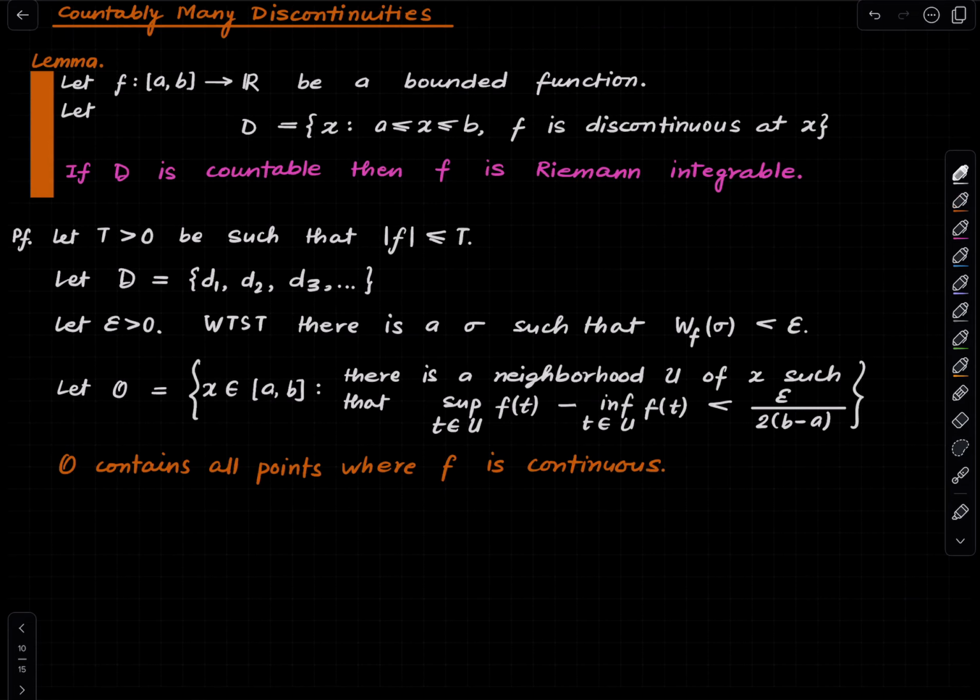It might also contain points where f is discontinuous. That can surely happen. But it will certainly contain all points where f is continuous. So therefore, the domain of the function is the union of the points in O and the points in D.